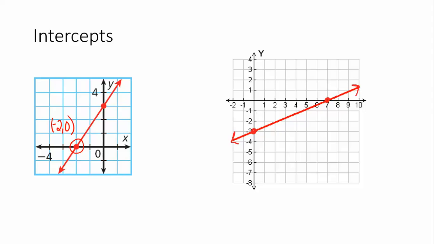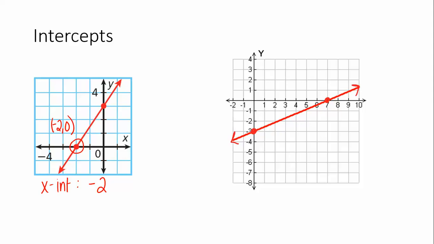That's the point where the graph crosses the x-axis. Therefore, the x-intercept, and I'll abbreviate it using x-int, is -2. Because it's the x-coordinate of the ordered pair, or of the coordinate point, where the graph crosses the x-axis. Note that the y-coordinate of that ordered pair will be 0, since we are on the x-axis.